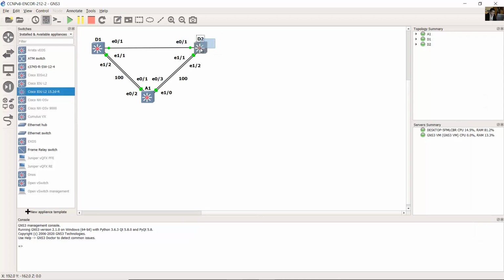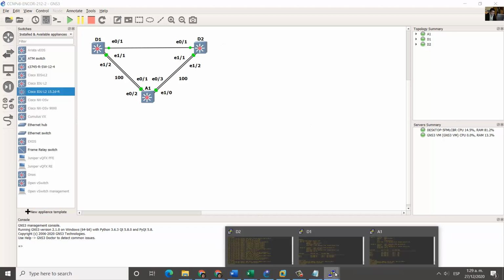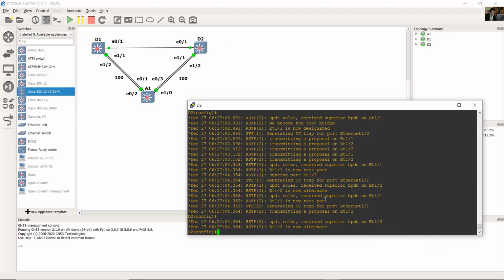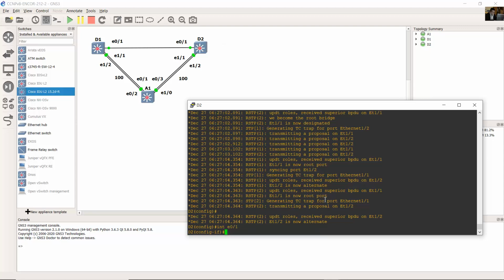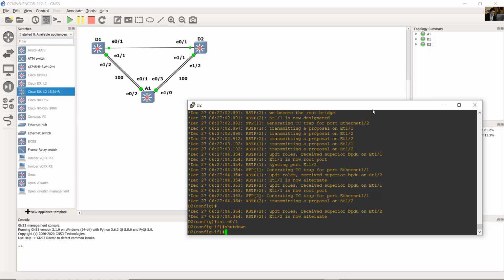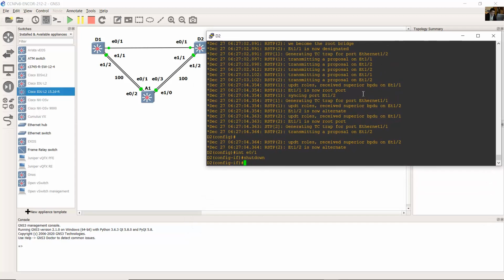Ethernet 01 on D2. Interface Ethernet 01, no shutdown to enable the interface.